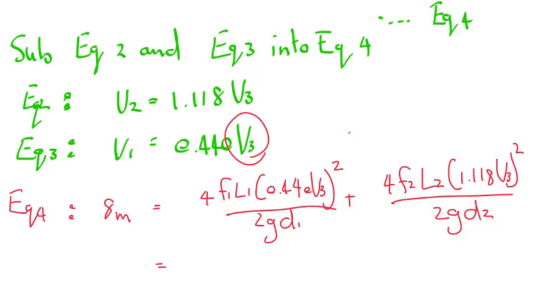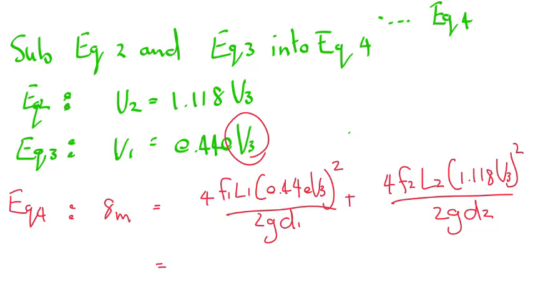So it's going to be the 4 times F, which is 0.09, times, in brackets, the 0.44. I'm going to just use the values as is, not the stored values.